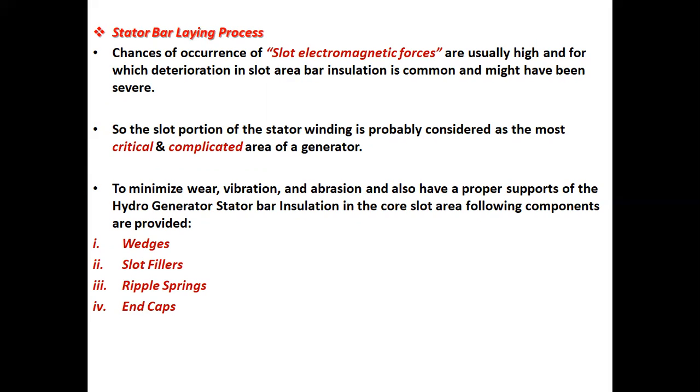vibration, and abrasion, and also to have proper support of the hydrogenerator stator bar insulation in the core slot area, the following components are provided: first, wedges; second, slot fillers; third, ripple springs; and fourth, end caps.